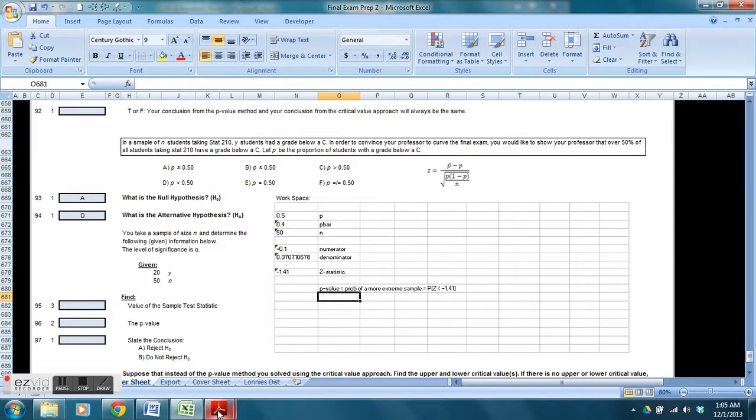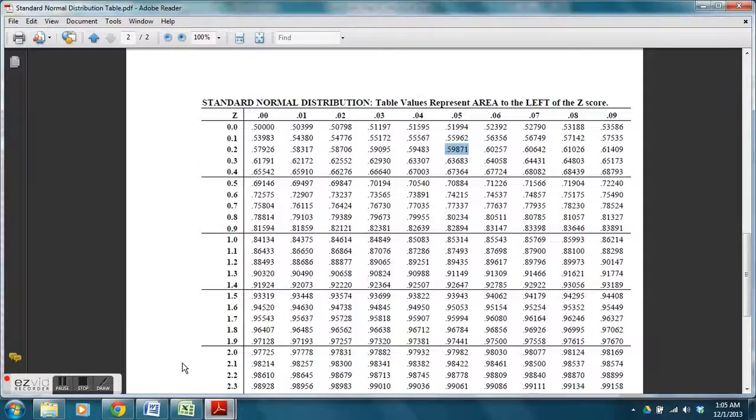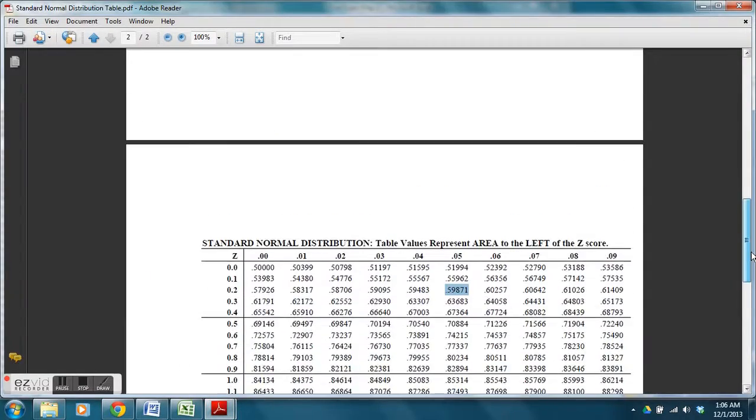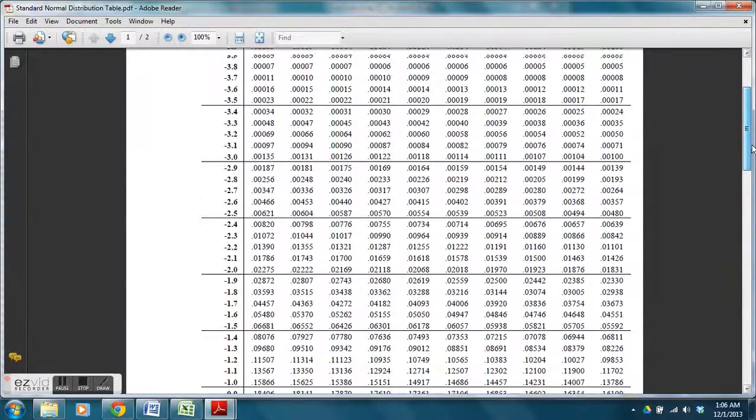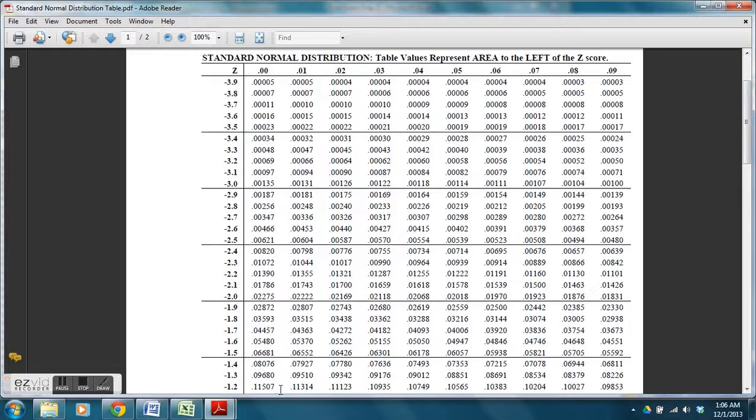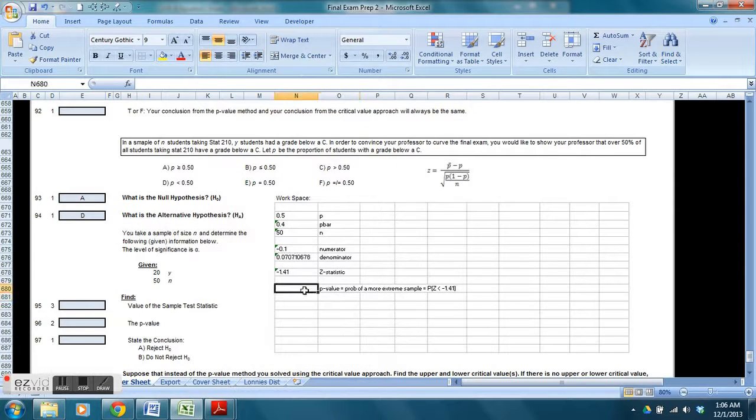So we go to our Z distribution, look up negative 1.41, that's right here, 0.07927. Here's the value of the sample test statistic. Here's the p-value.